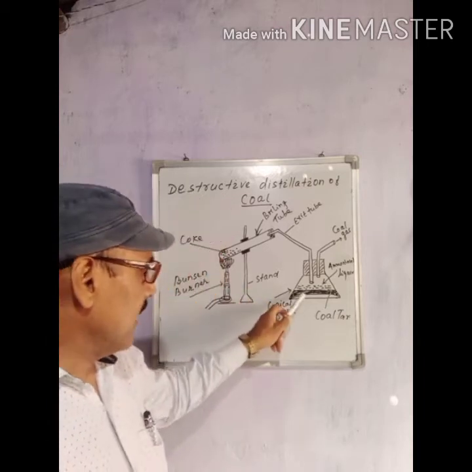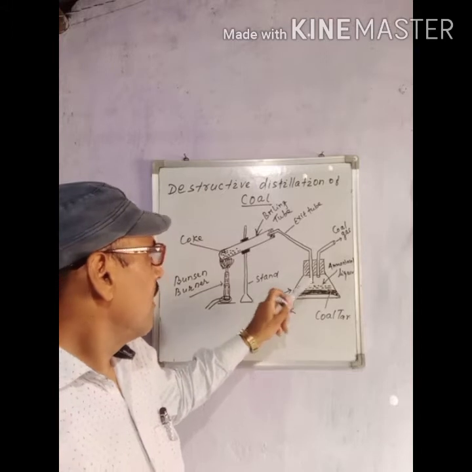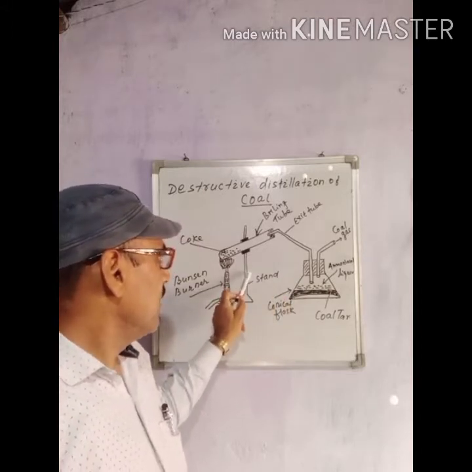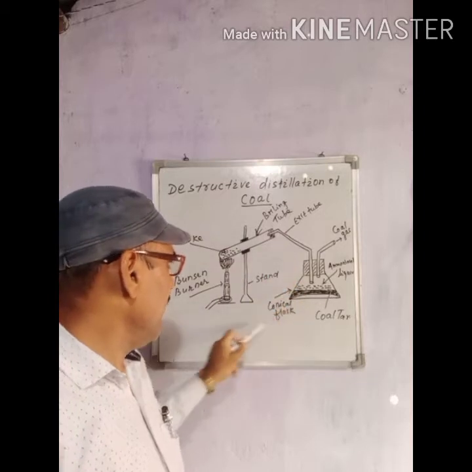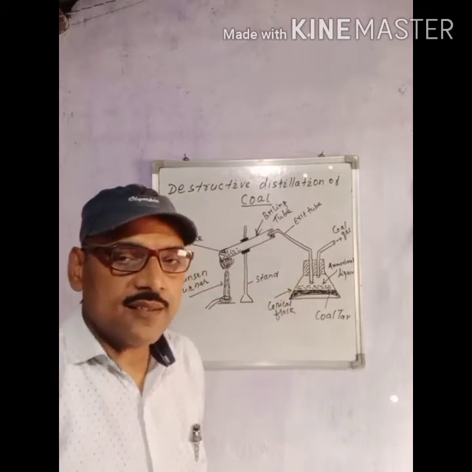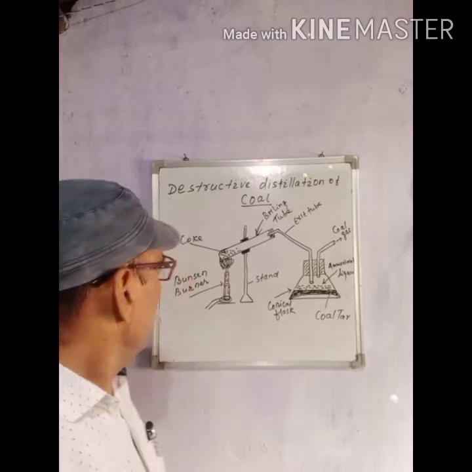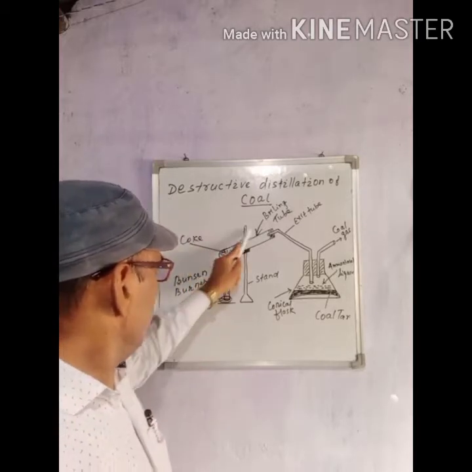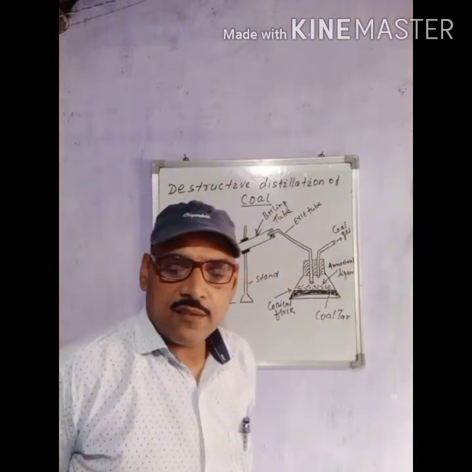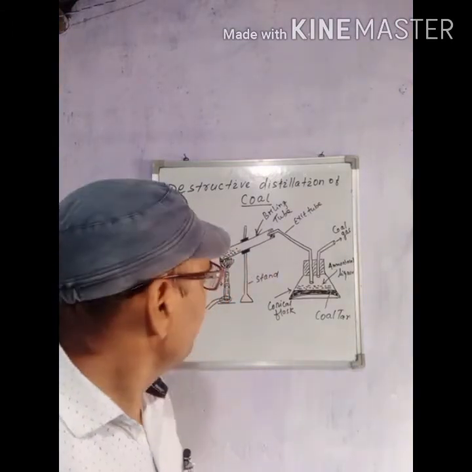This is a conical flask, this is a Bunsen burner, this is a stand, and with the help of these apparatus we adjust the apparatus like the diagram on the board.